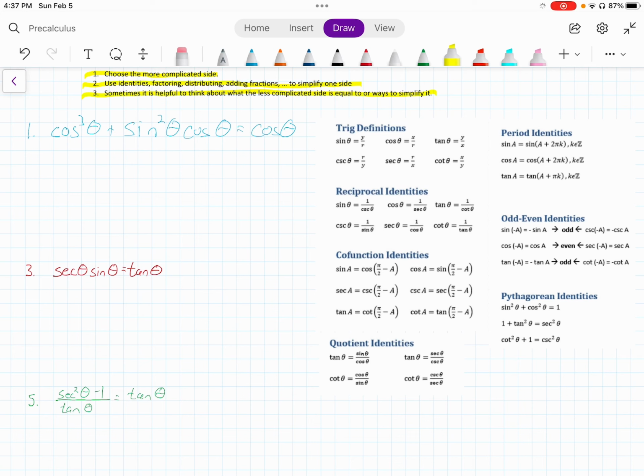Number three, it says sometimes it's helpful to think about what the less complicated side is actually equal to. So maybe another form of it, or how could we get to the less complicated side?